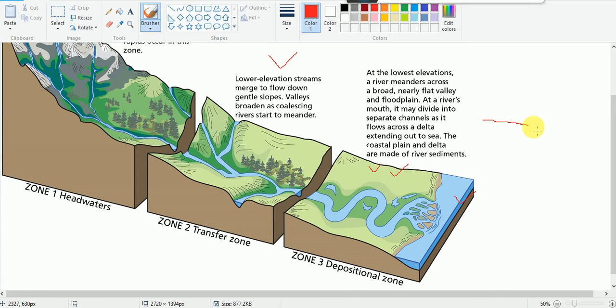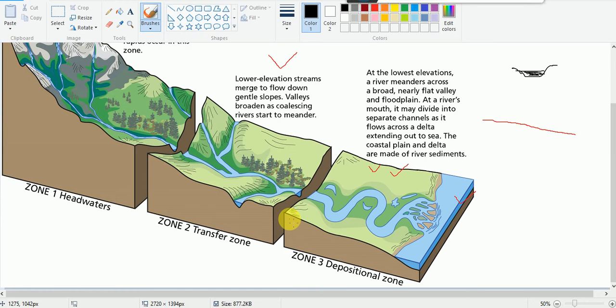That is why, due to deposition, let us say this is the bed of the river, and when the river approaches nearby the sea, the bed of the river is very shallow, and deposition takes place here. Because of deposition here on the bed of the river, islands are formed, what we call riverine islands.